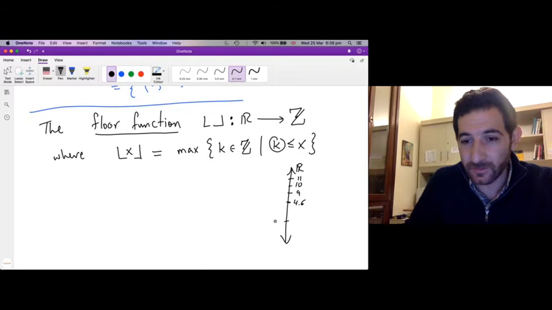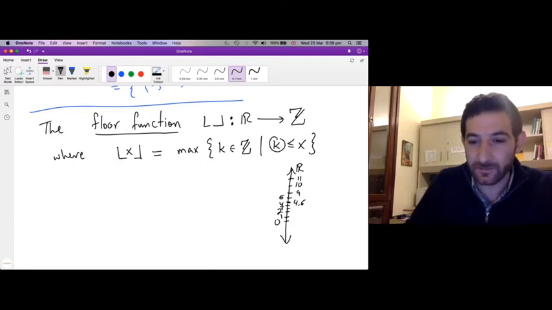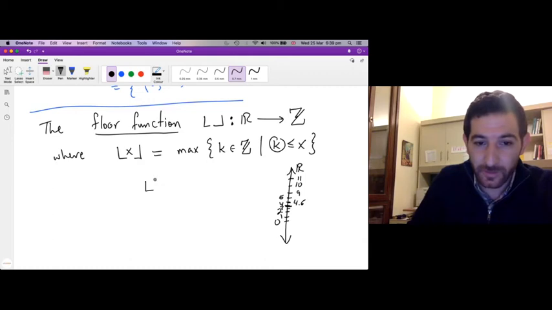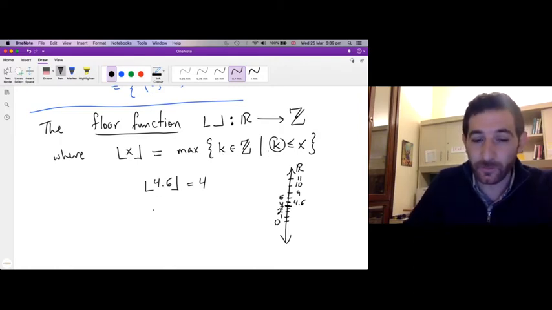You have 0 is less than 4.6, 1 is less than 4.6, 2, 3, and 4, but then 5 is bigger than 4.6. So which one among all the integers less than 4.6 is the largest? It is 4. So we say that the floor of 4.6 is 4, because 4 is the greatest integer less than or equal to 4.6.